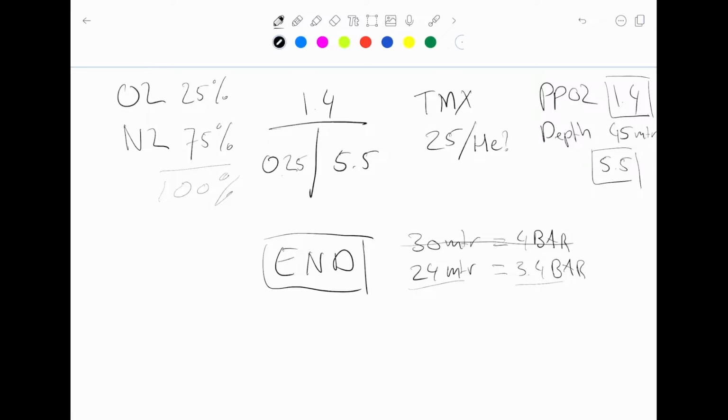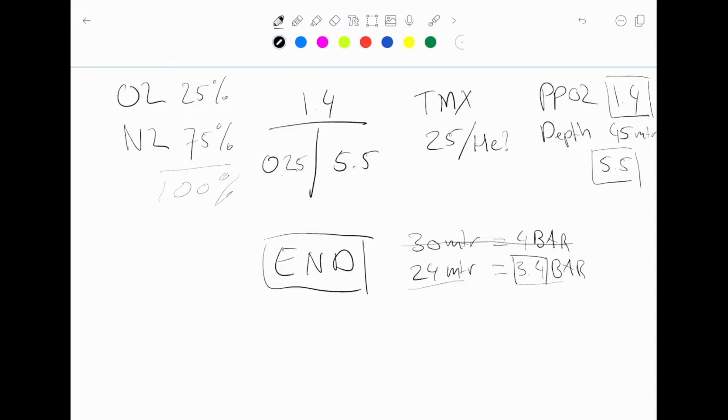For example, CO2 retention, just general nervousness and whatnot will make us feel more narcotic. So I personally choose to always dive with a lower narcotic depth, which is 24 meters, and depending on what depth I go, I might even lower that. So 24, I think, is a really good number.